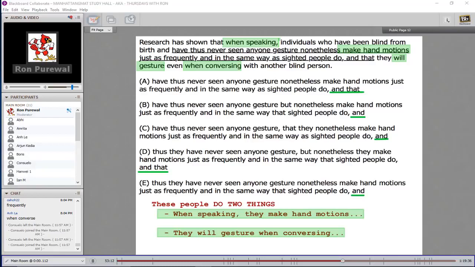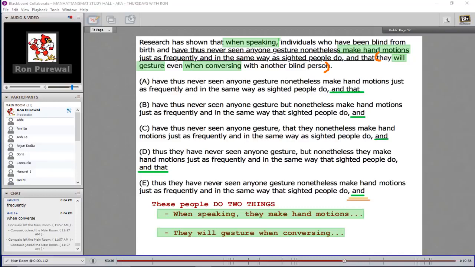Like if you consider, say, E, that would mean the second parallel structure would be they will gesture, blah, blah, blah. If you interpret it that way, what's the first parallel structure?